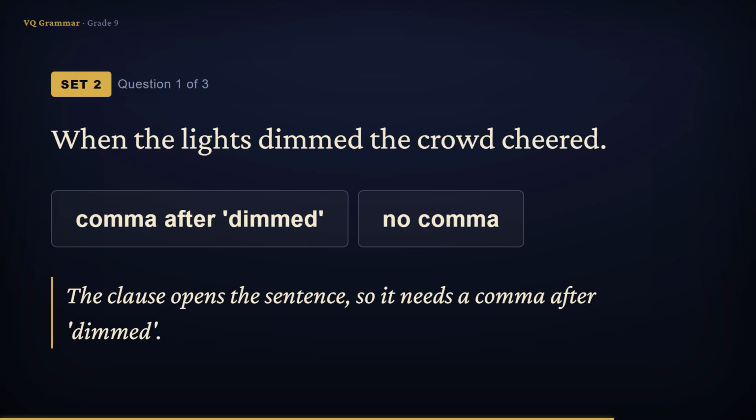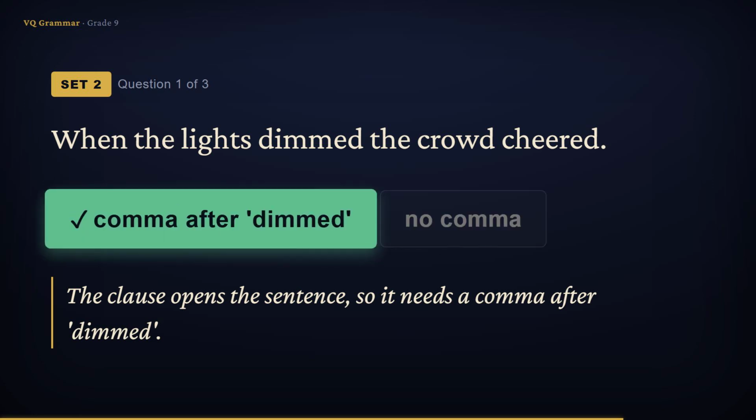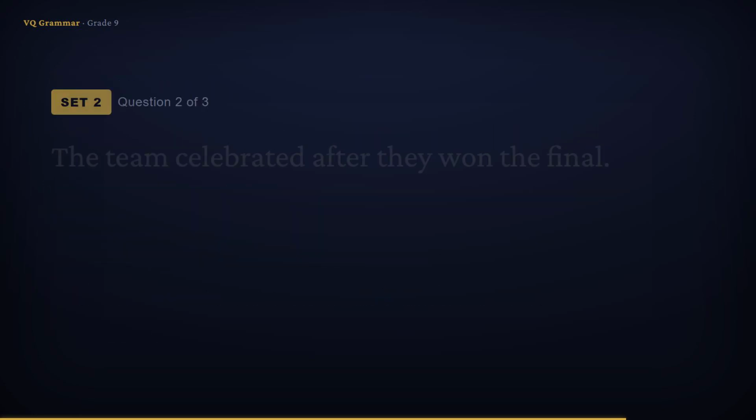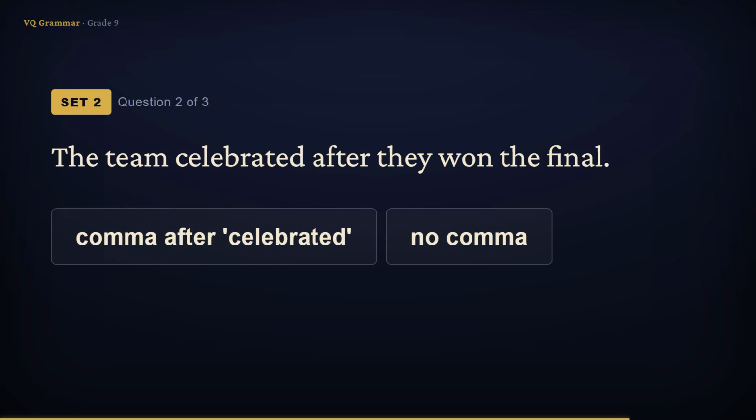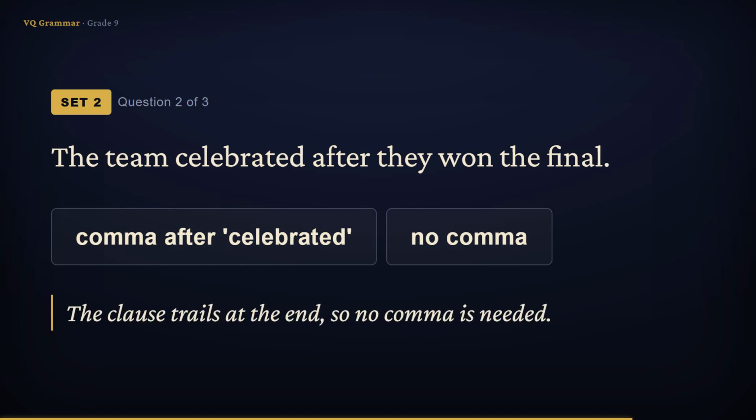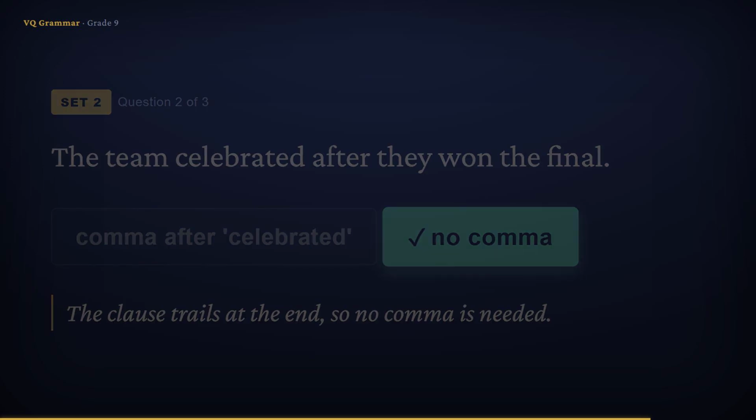And when a clause leads off like that, the rule says to set it off with a comma. So yes, we add a comma after dimmed. The team celebrated after they won the final. Here, the adverb clause, after they won the final, comes at the end of the sentence. When the clause trails behind the main idea, no comma is needed. So the answer is no comma.